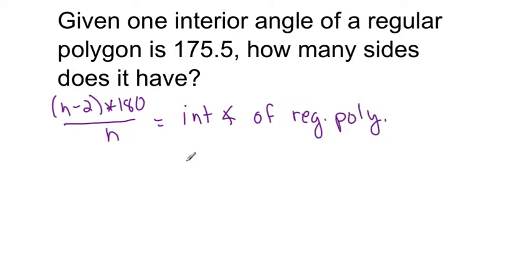Okay, now I'm going to substitute in. I'm going to show you how to do this problem this way, and then I'm going to show you an easier way algebraically, but I want you to understand that it makes sense and why you might want to choose the other way of doing it.